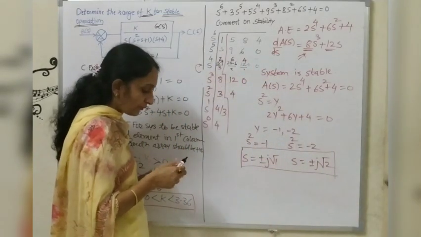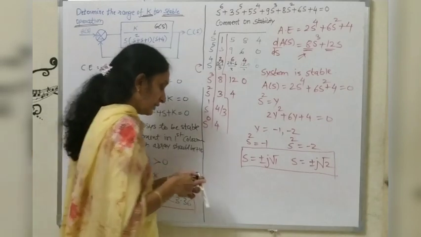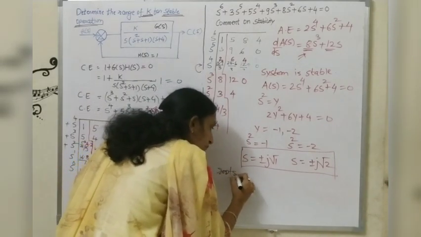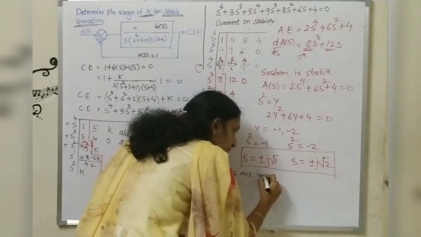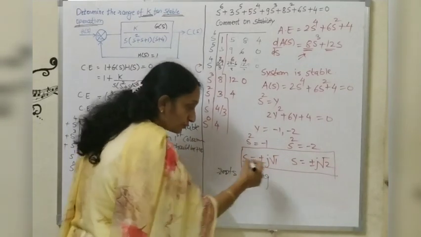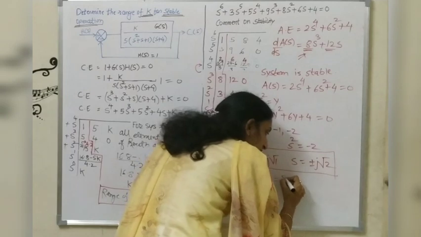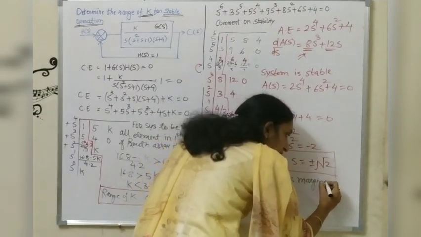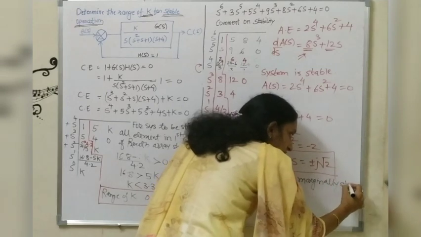So I know that when the roots are imaginary, look at this, when the roots are imaginary, you can check that here real part is 0, roots are imaginary, system is marginally stable. Okay, system is marginally stable.